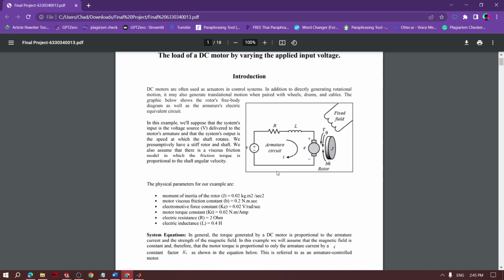The physical parameters for this example are the moment of inertia of the rotor, motor viscous friction constant, electromotive force constant, motor torque constant, electric resistance, and electric inductance.